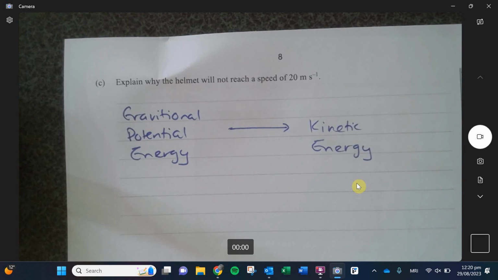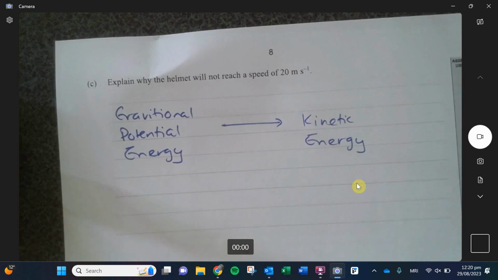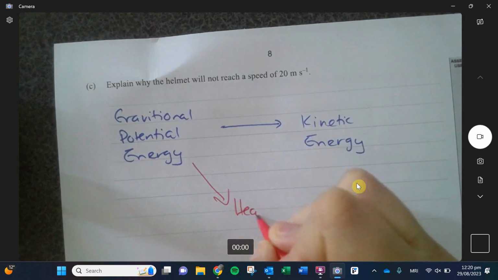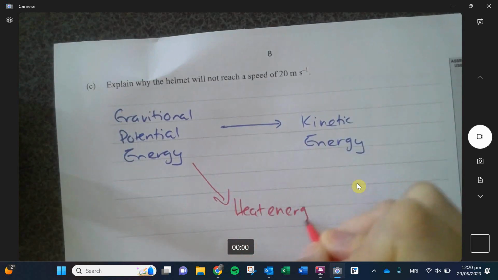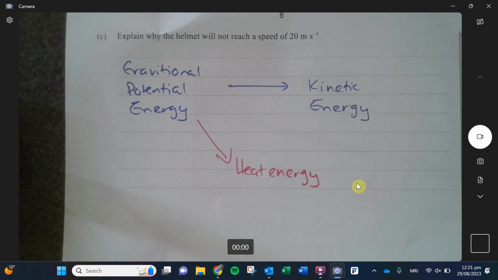That conversion of energy. Now, part of the problem is that not all of the energy gets converted to kinetic energy. Some of that energy is going to get converted into heat energy. And that heat energy is the result of air resistance. So when things are falling, there's air resistance, and that's actually going to slightly heat up the helmet.